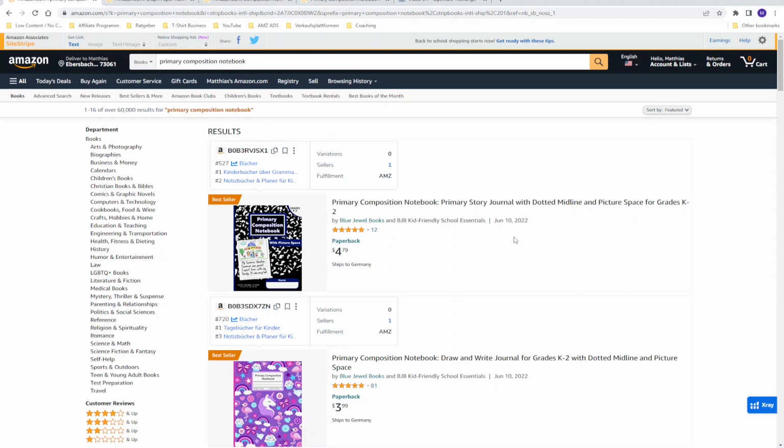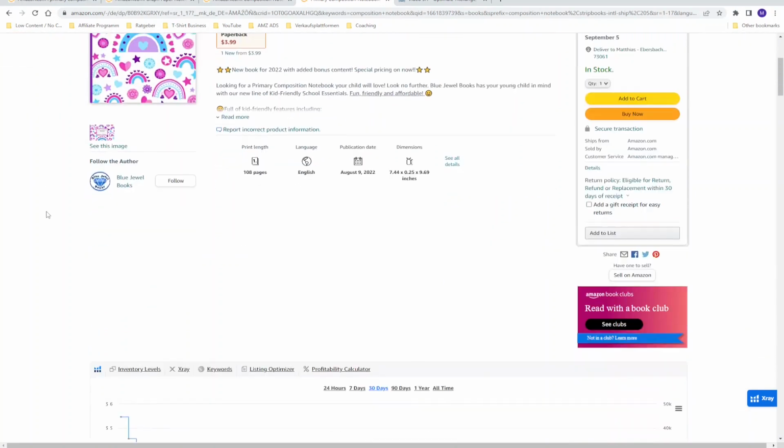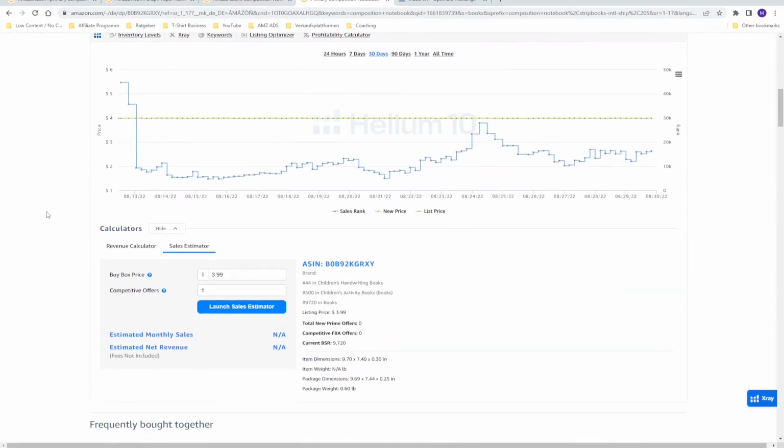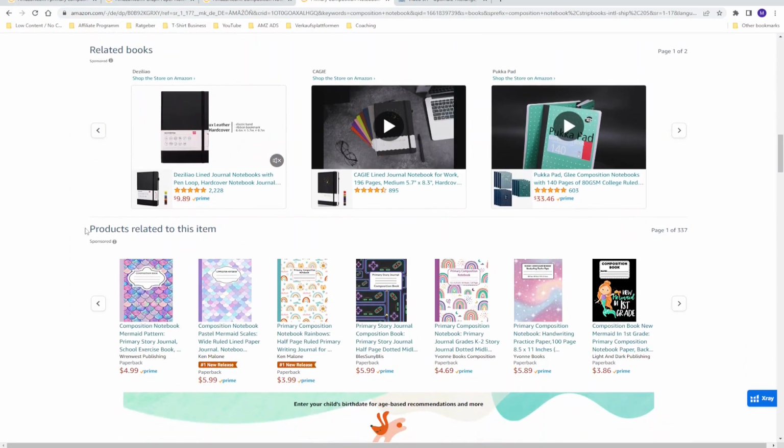But I have to say that the main page of our keyword is not the only page where the title is visible. If we have a closer look on an example product on Amazon, you can see that at the bottom of the product listing, there are sponsored items, products related to this item.